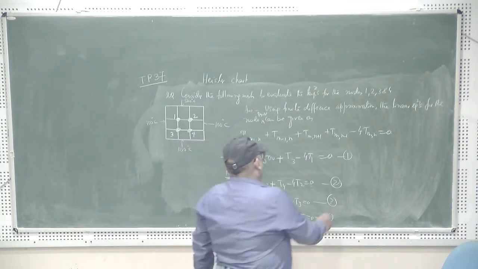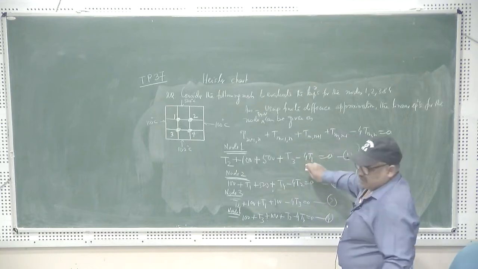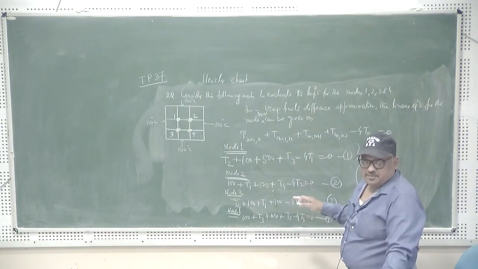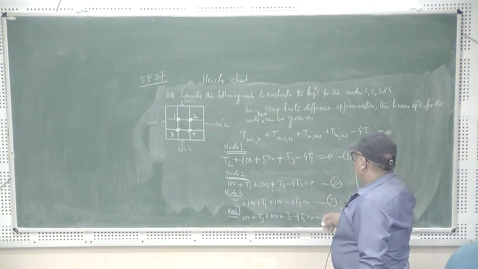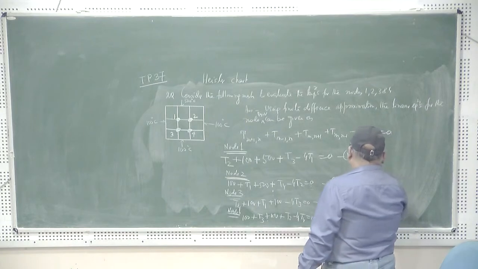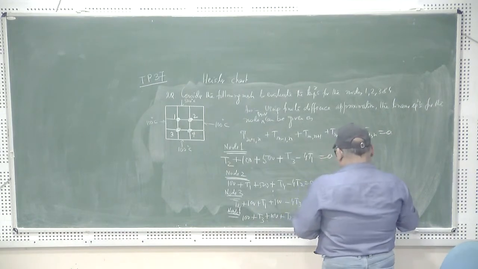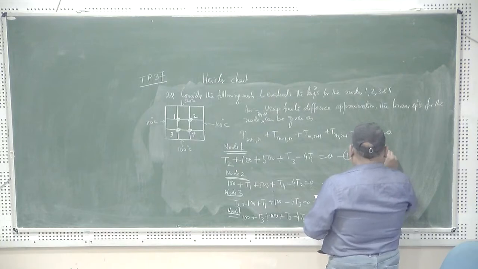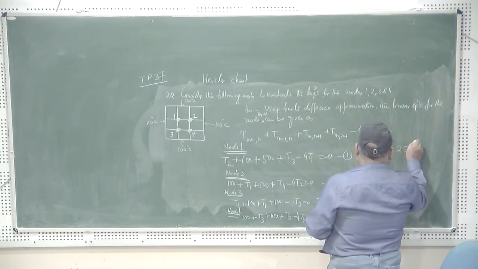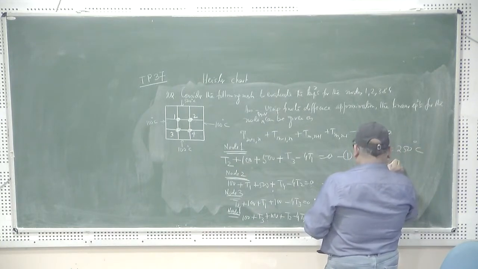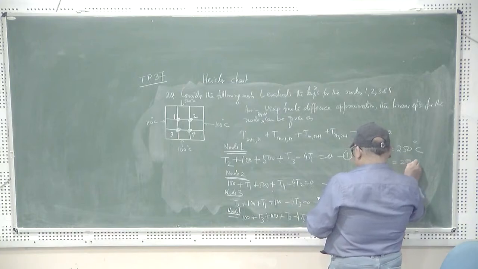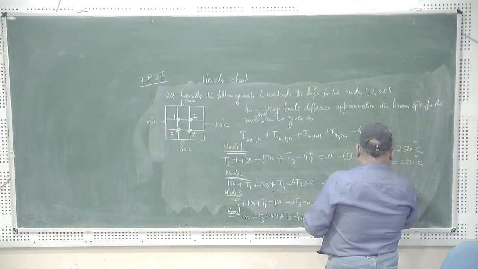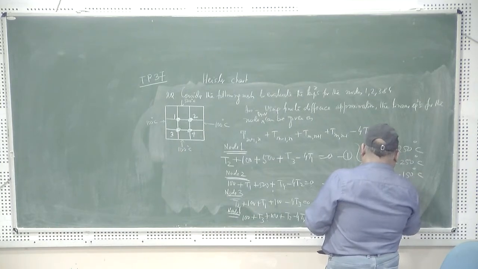So there are 4 linear equations and 4 variables. You can evaluate through the numerical method and the answer will arrive at T1 equal to 250 degrees centigrade, T2 equal to 250 degrees centigrade, T3 equal to 150 degrees centigrade, and T4 equal to 150 degrees centigrade.